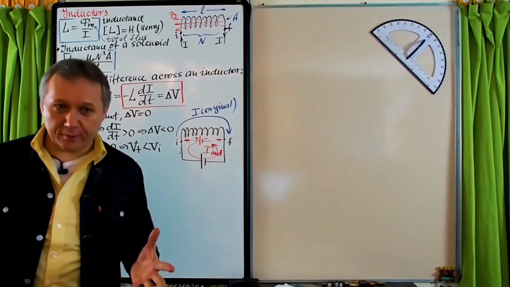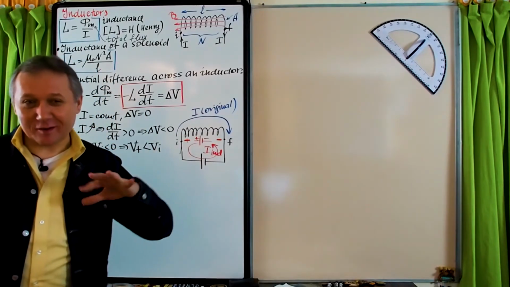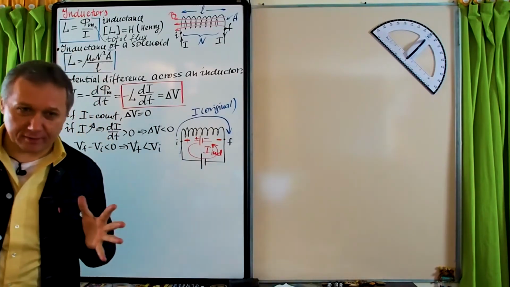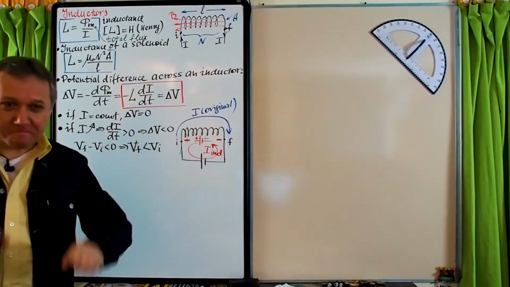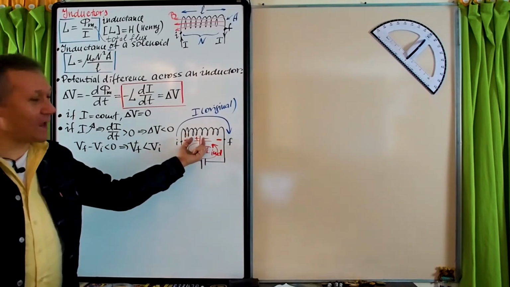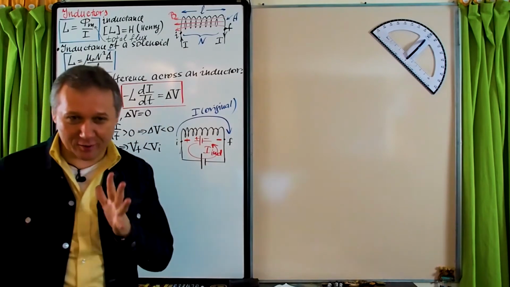I've seen it very often that students draw the direction of the induced current the wrong way. So that's why I decided to draw a small battery, so that there wouldn't be a gap over here, and students would draw the correct direction of the induced current.